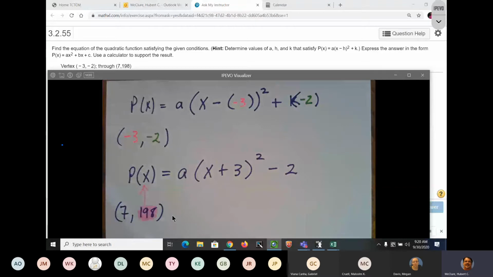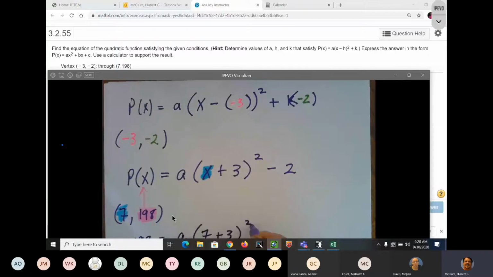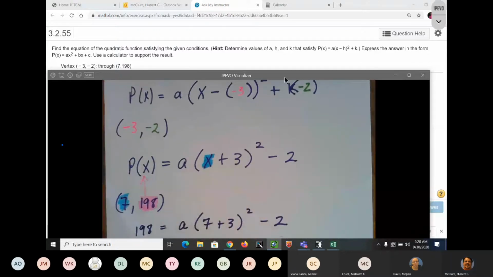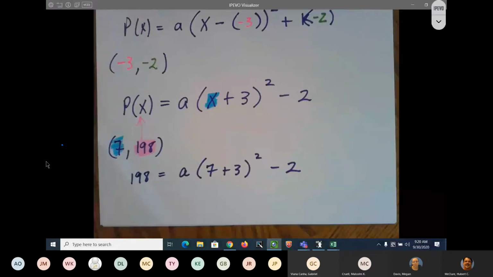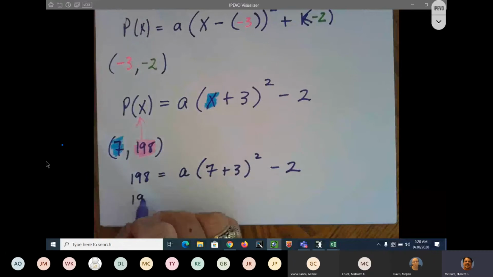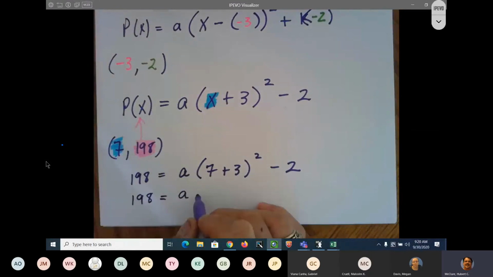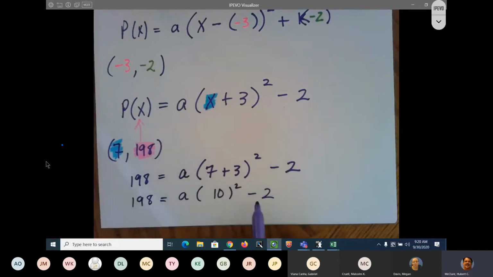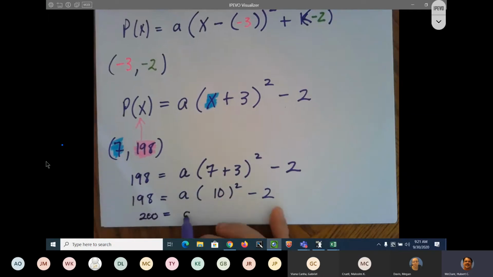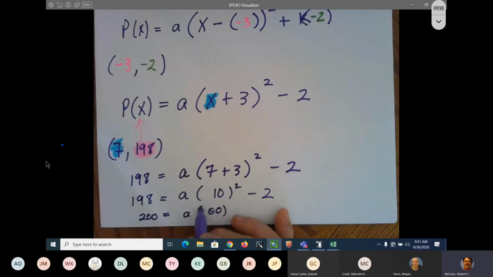So 198 is equal to A times (7 plus 3) squared minus 2. 198 is equal to A times 10 squared minus 2. Well, that 2 can come over here and make 200, and A times 100. And of course, you see that A is equal to 2.